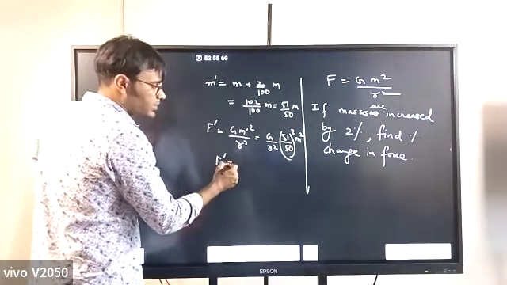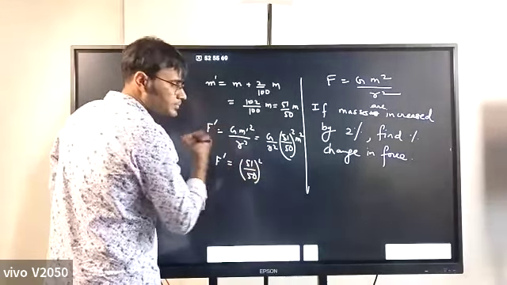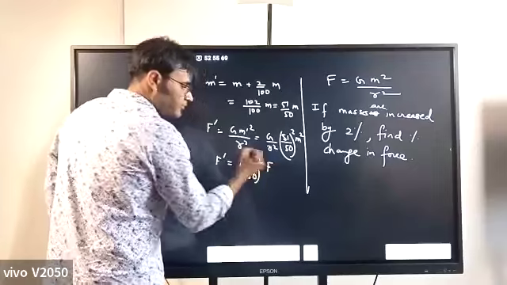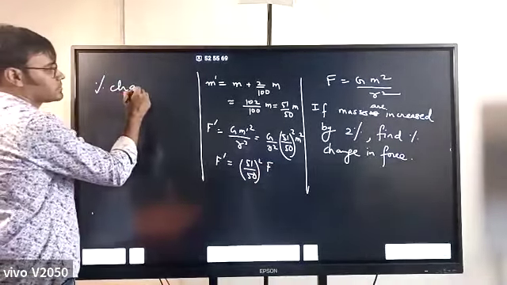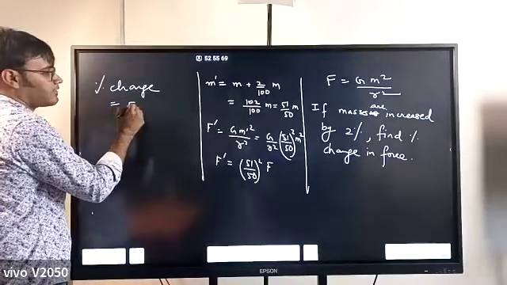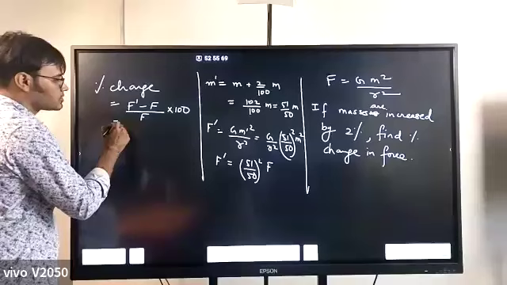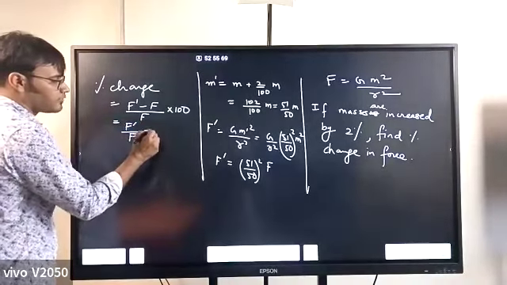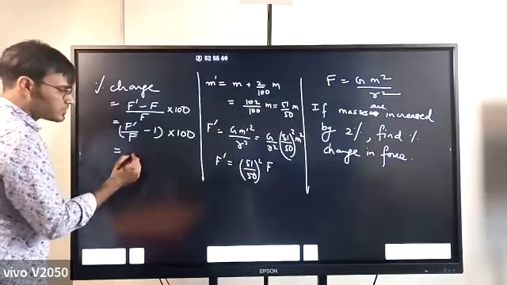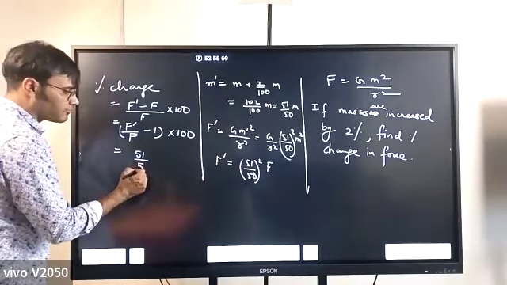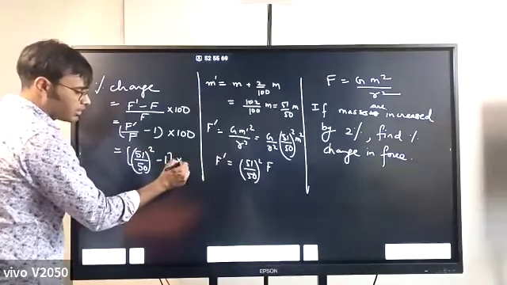So the new force is 51 by 50 whole square into F. So the percentage change will be F dash minus F by F into 100. So this will be F dash by F minus 1 into 100. Now F dash by F will be 51 by 50 whole square minus 1 into 100.